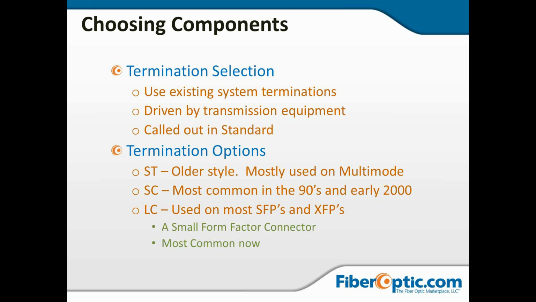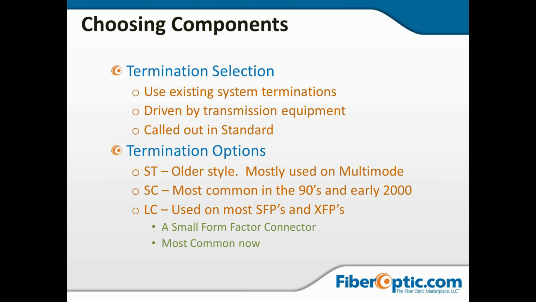I'd say it's probably about 50-50 with SC, but it is becoming a much more common connector for no other reason than density. If you've got a limited amount of rack space, a limited area for your cabinet, with the smaller connector you can get 2 LCs in the space of 1 SC.